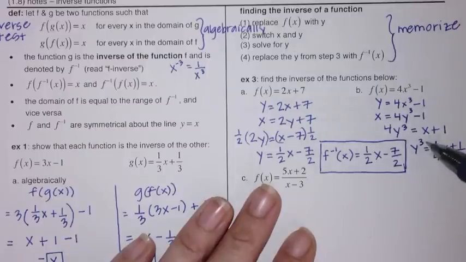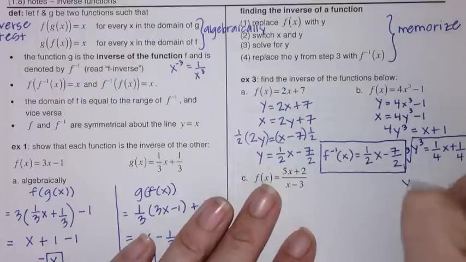And then the y has a cube on it, so we need to cube root. So cube roots are not like square roots. It's not plus and minus, so be aware of that. And this would be the cube root of 1/4 x plus 1/4.